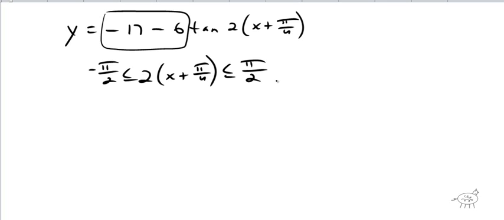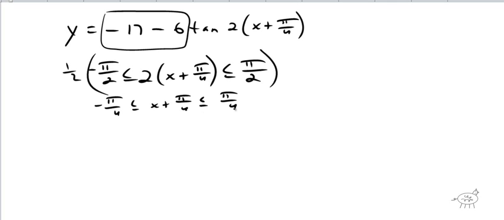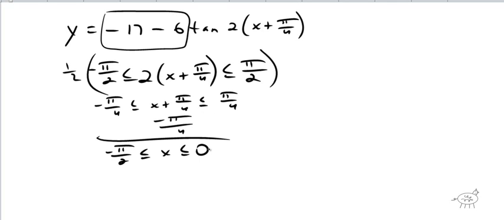Okay, so the first thing I'm going to do is multiply it by 1/2 to get negative pi over 4 less than or equal to x plus pi over 4 less than or equal to pi over 4. Then I'm going to subtract pi over 4 from all sides. I get negative 2 pi over 4, or negative pi over 2, less than or equal to x less than or equal to 0.